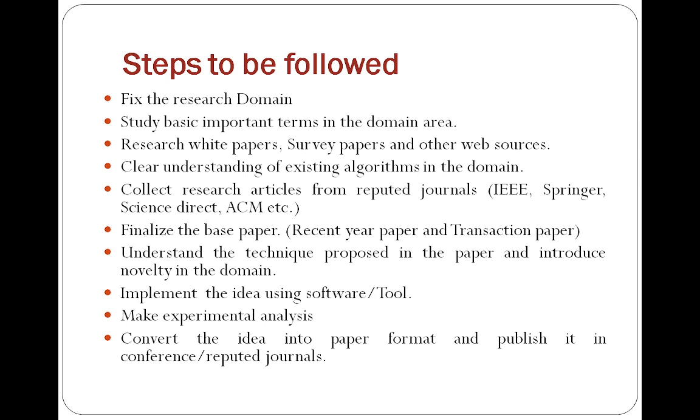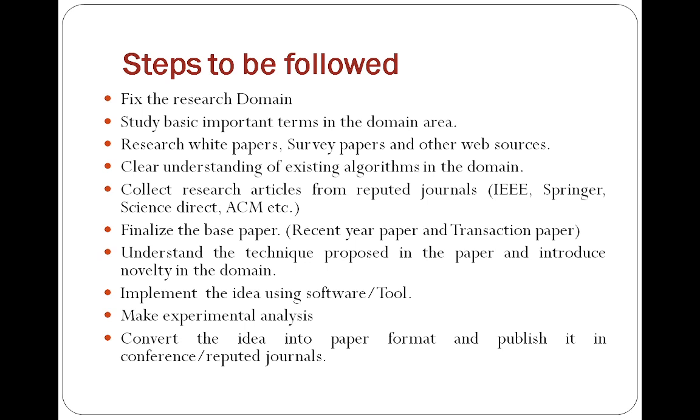Then make some experimental analysis. Based on the experimental analysis only, we can easily get to know how much of the research problem we can identify, and how much improvement there is in the experimental analysis compared to existing approaches. So these are all important points.